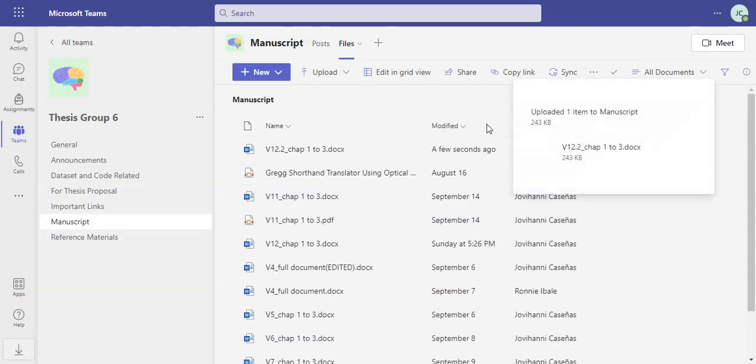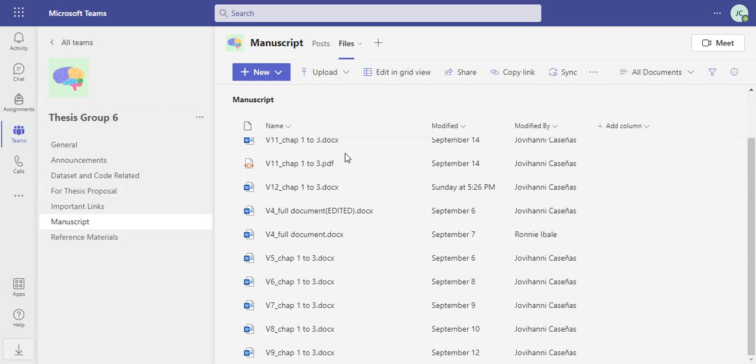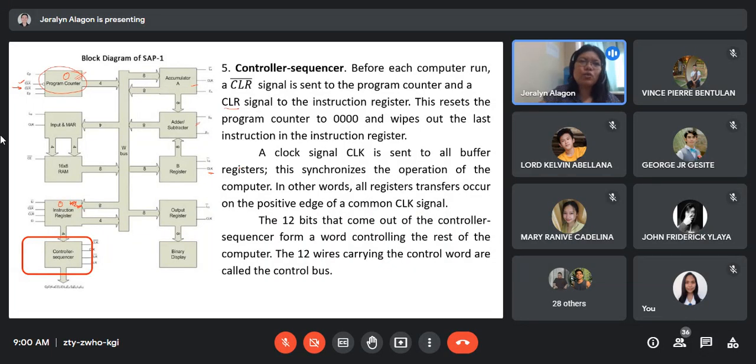Okay? In other words, all register transfers occur on the positive edge of a common clock signal. Common sila. Kung mo trigger na ni clock at positive, so dapat corresponding ana ni. Aron way gubot, no? Systematic pod siya, di ba class, para walay gubot. Kung magdagandagan ra ng data ug information and so on and so forth, nagbuot-buot ra si instruction register, dili na mahaluna ang operation sa entire computer system which is not logical, right?